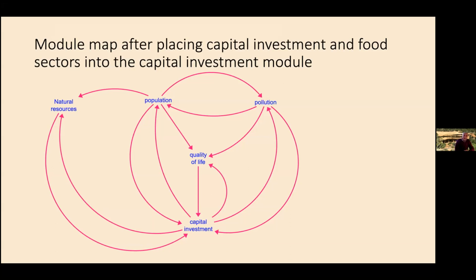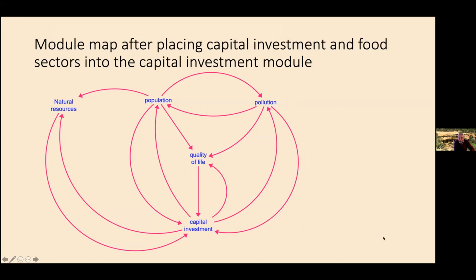Actually, I favor starting with the causal loop, but I favor starting with an aggregate causal loop diagram, which translates into, like in this slide, the causal loops between sectors: pollution sector, population sector, quality of life sector. Start with that.